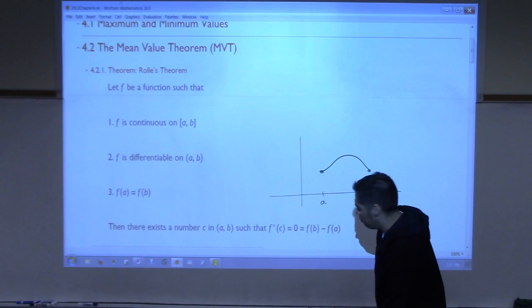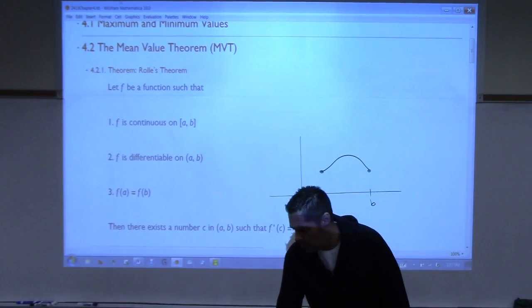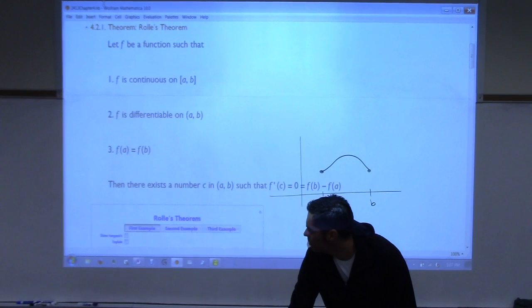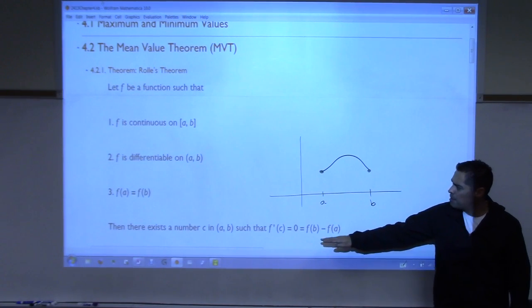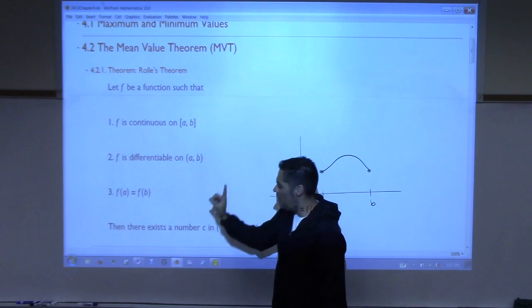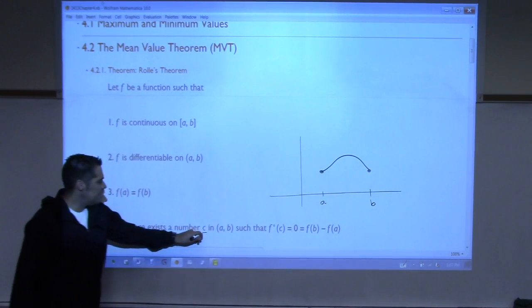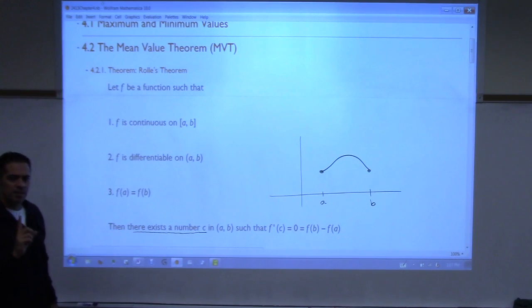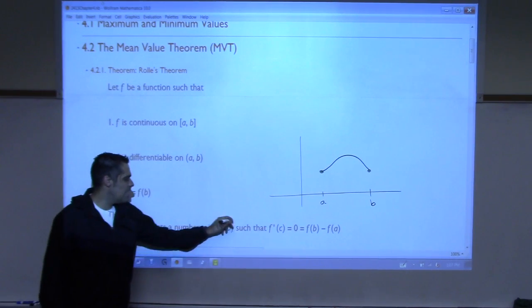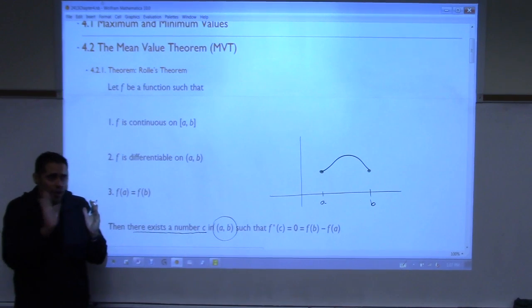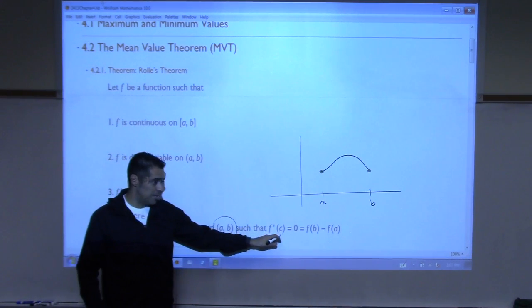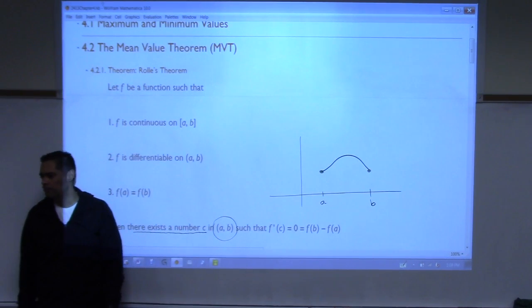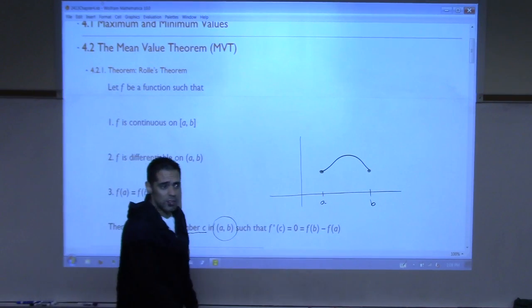Rolle's theorem says, bring this up just a little bit. Can you all see that bottom line here? Everyone see that? Okay. Rolle's theorem says if these three conditions are met, then there must exist a number c inside (a, b), somewhere in there, such that the derivative at c is 0. The derivative is the slope of the tangent line, right?